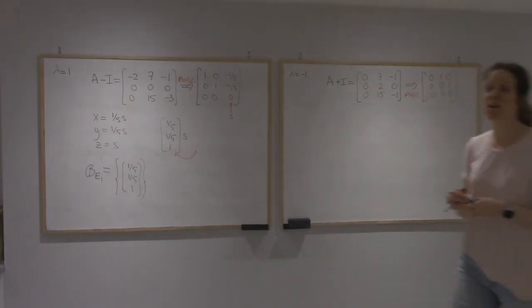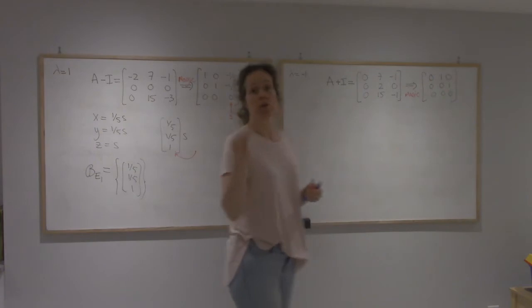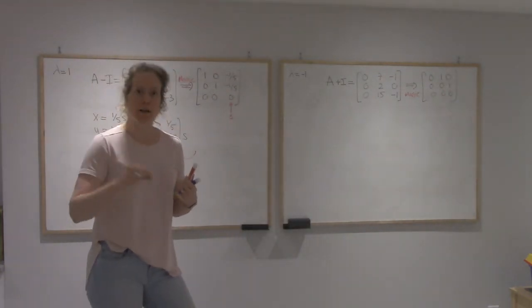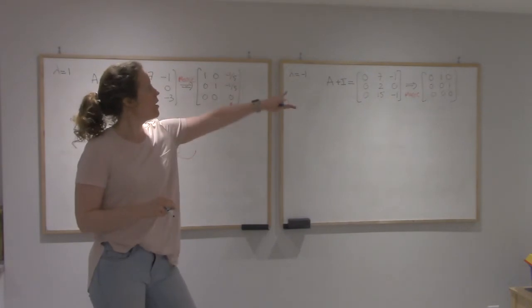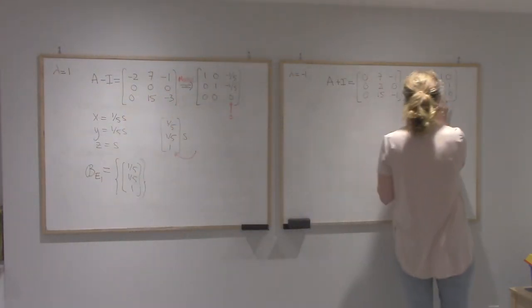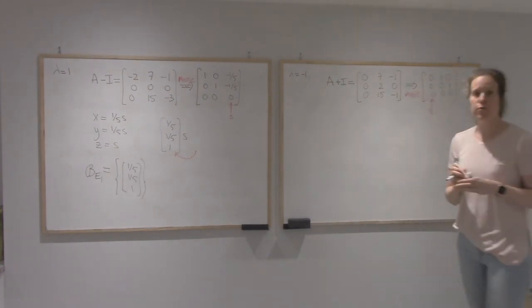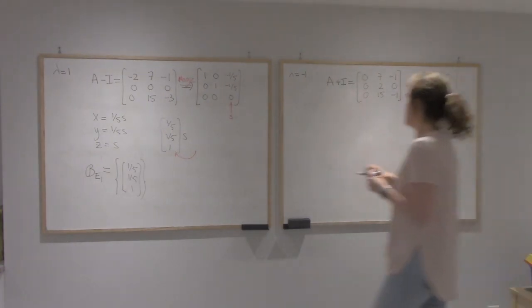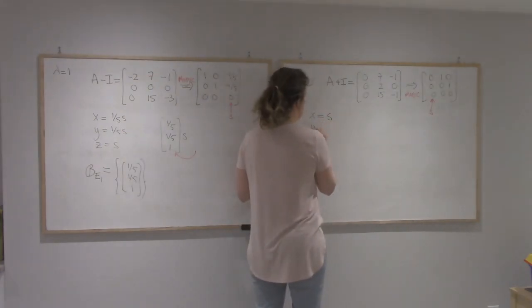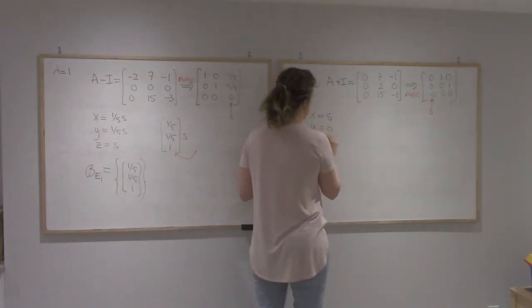Again, at this point, you should be getting a free variable. If you're not getting a free variable, that means either you have the wrong eigenvalue or you've reduced badly. All right, so in this case, we do have a free variable. X is free. So my eigenspace will be x is s, y is 0, z is 0.